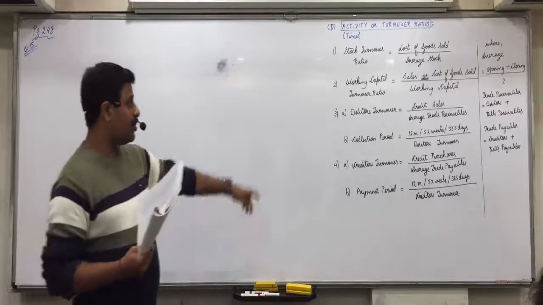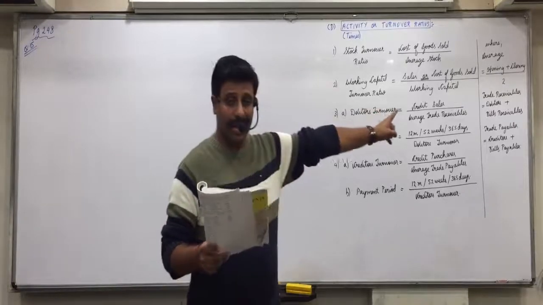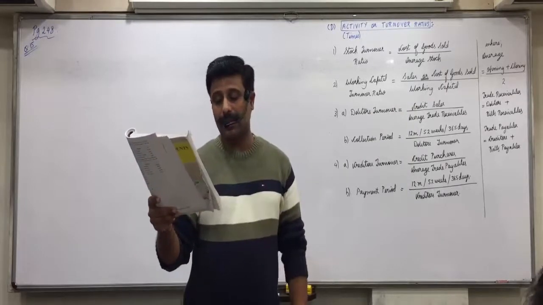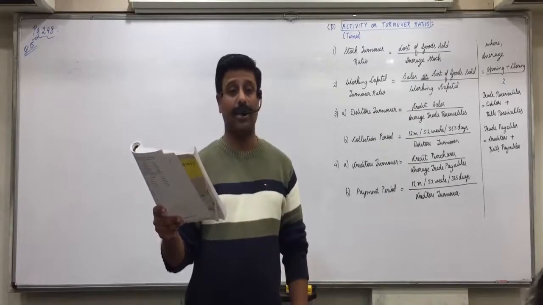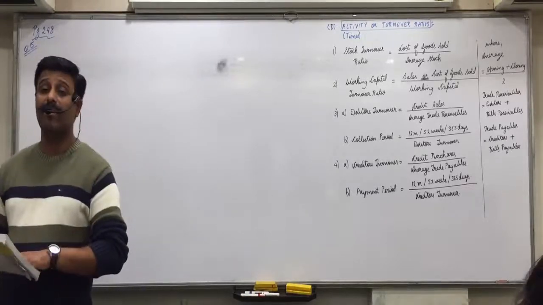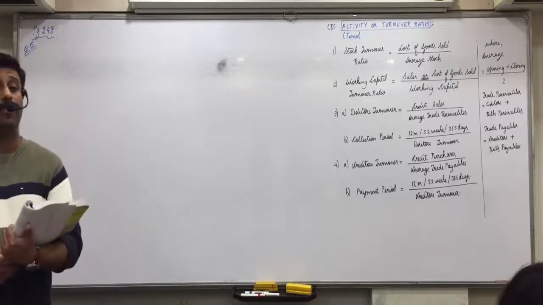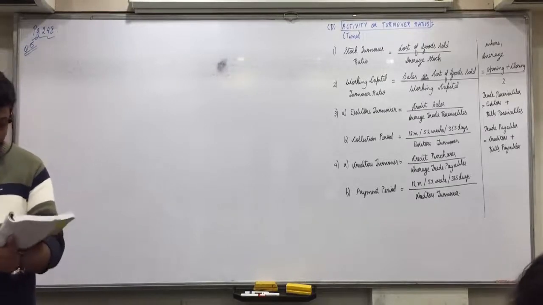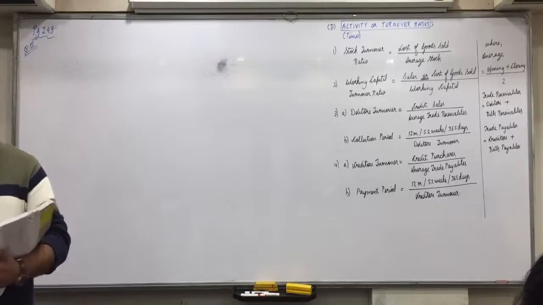Stock turnover ratio means cost of goods sold upon average stock. Sales is 30 lakhs. Closing stock is 2,50,000. Now gross profit rate is given. So which formula will we use for cost of goods sold? Sales minus gross profit.